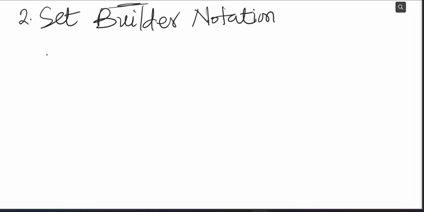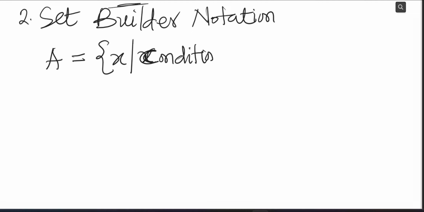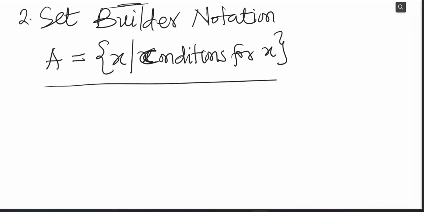So let's say the set builder notation for A is given as X, such that we write the conditions for X. So you write X and then you put some conditions on X.